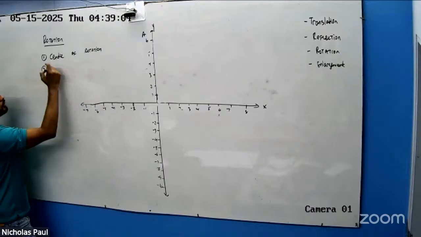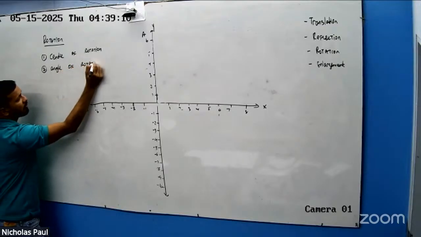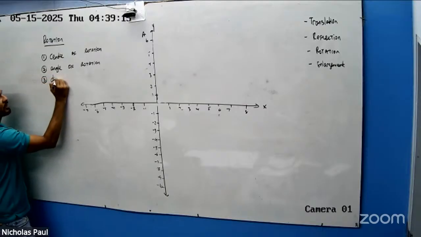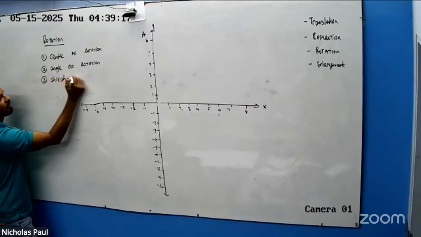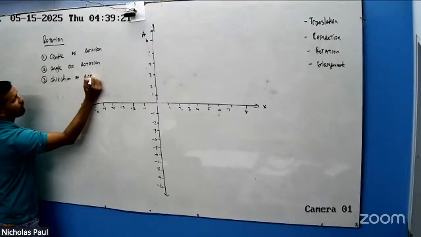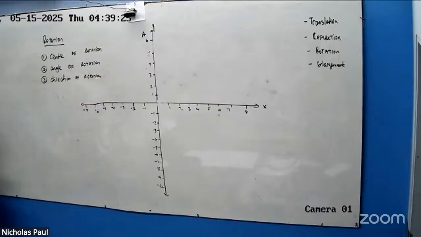Number 2, we need an angle of rotation. Number 3, we need a direction of rotation. So we need these 3 things. The 4th is to remember the first 3.